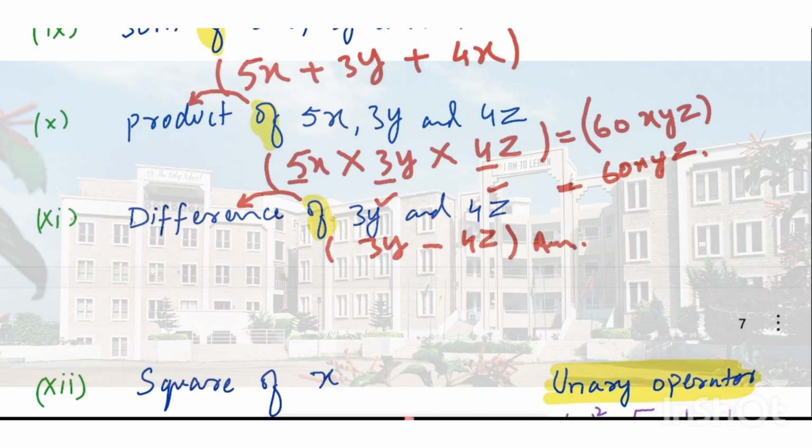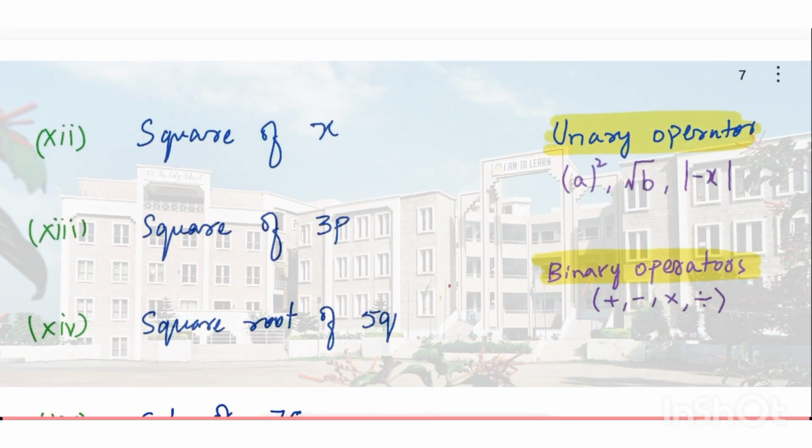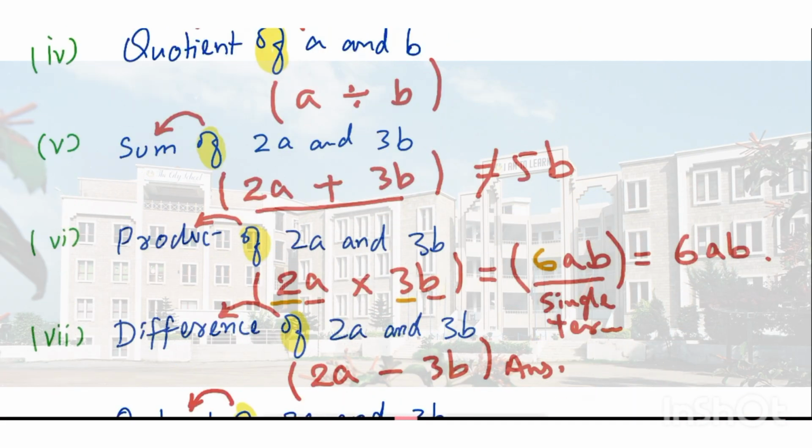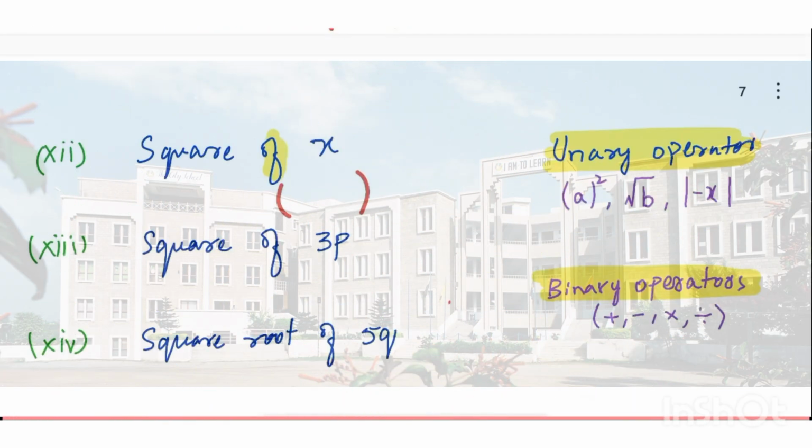They cannot be subtracted. Now there is square of x. You can see that the word of means bracket, and inside the bracket there is only one number. As we have been doing it, we needed two or three numbers to do the calculation, but here it is one number.